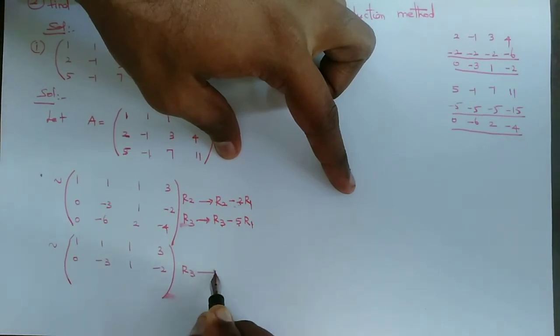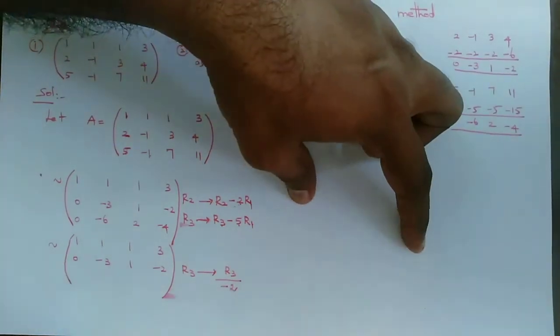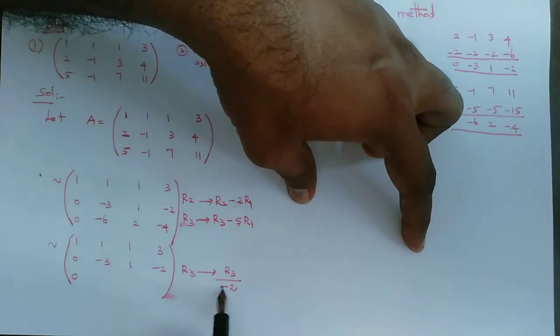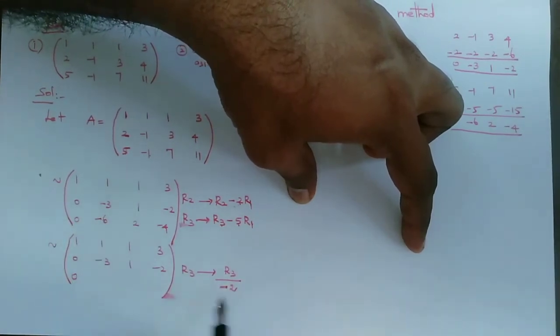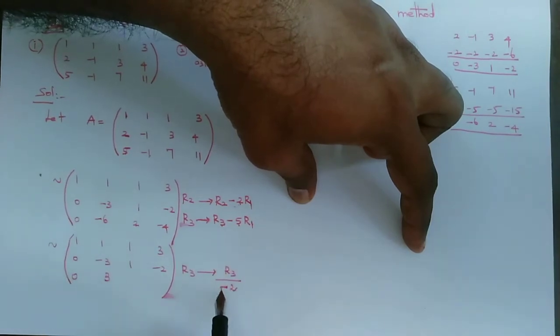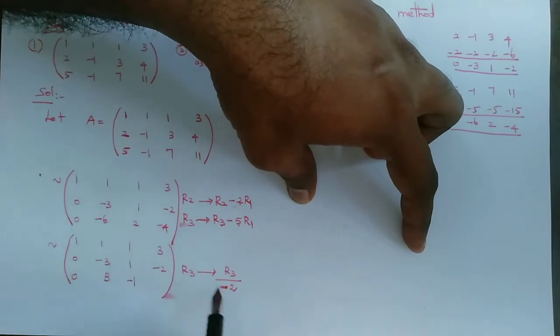Therefore, R3 becomes R3 divided by minus 2. Minus 2 is better. Minus divided by minus cancel. 6 divided by 2, 3. 2 divided by 2 is 1, with the sign remaining minus. Minus, minus cancel. 4 divided by 2 is 2.